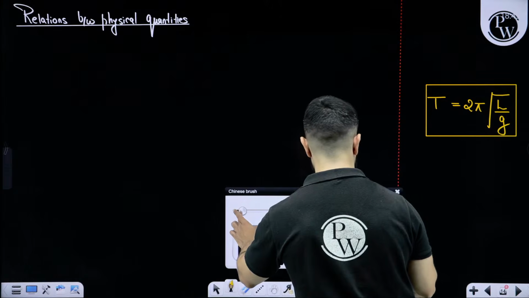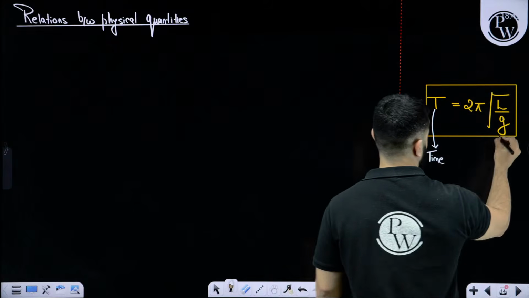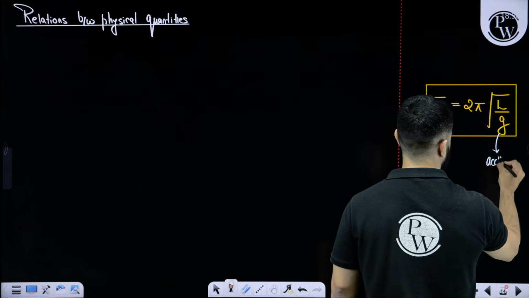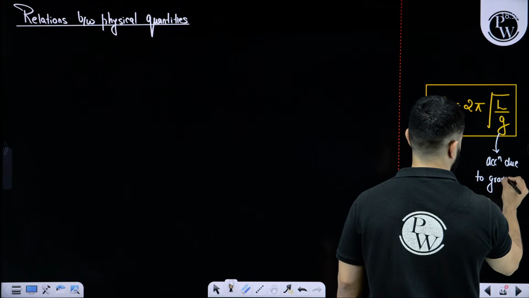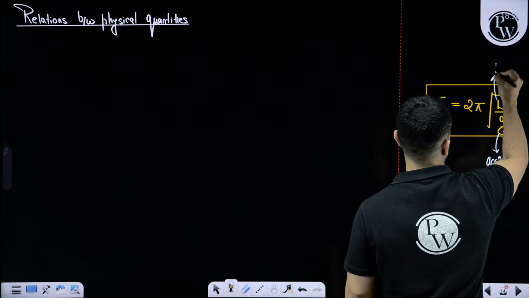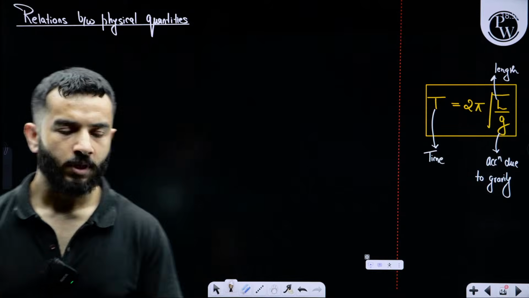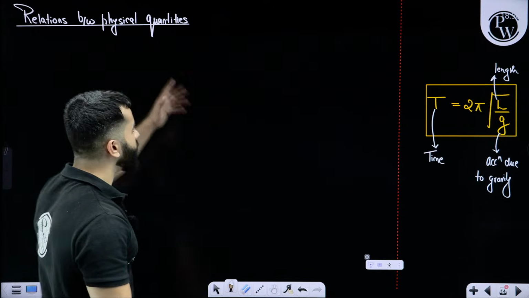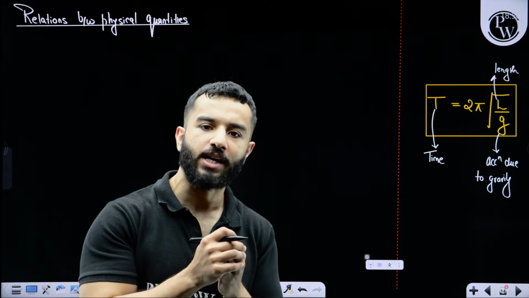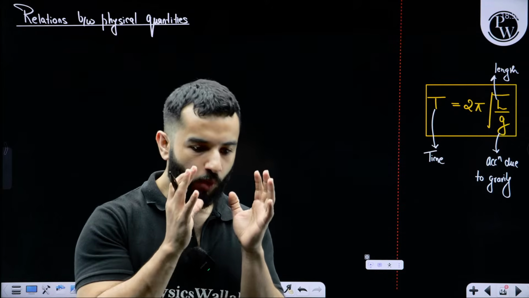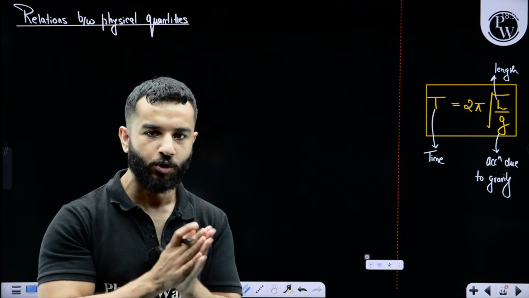Where this is time, this is acceleration due to gravity, and this is length of the string. Done? So using relations between physical quantities, we can try to find out the relation between physical quantities. We won't be able to derive the exact formula, and the reason I'm going to tell you just now.